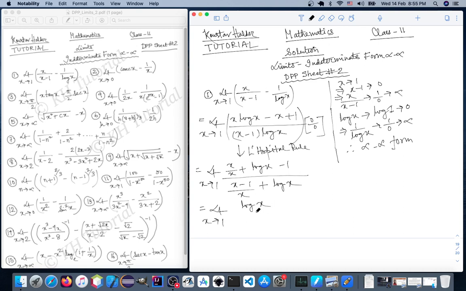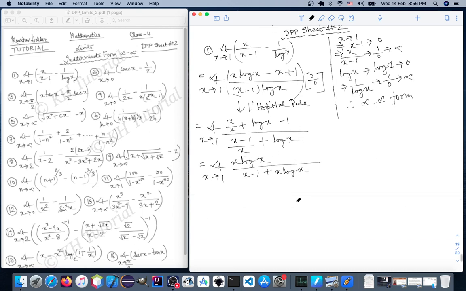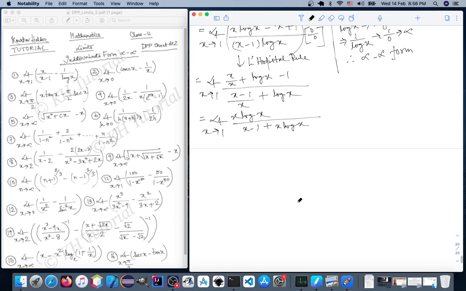Log x over here we get x minus 1 plus x log x, and the x in the denominator goes to the numerator. We get this. This is again of the form 0 by 0, so we can apply L'Hopital's rule again.